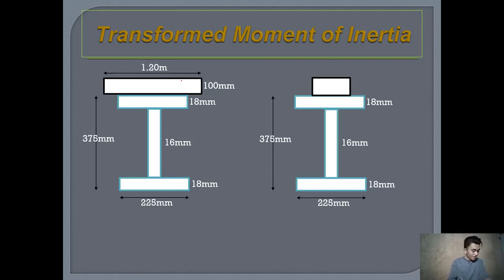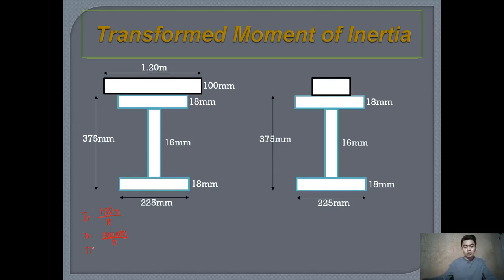So let us denote the transformation TR is equal to 1.20 meters divided by 8, or TR is equal to 1,200 mm divided by 8.